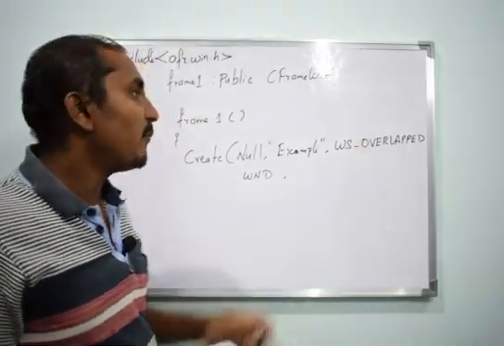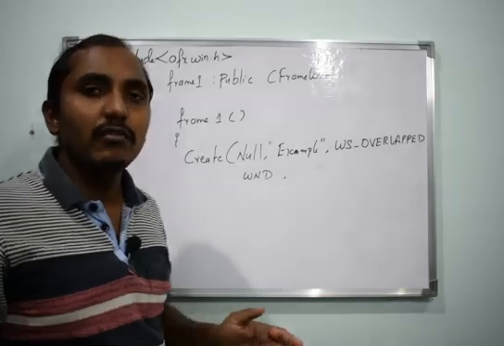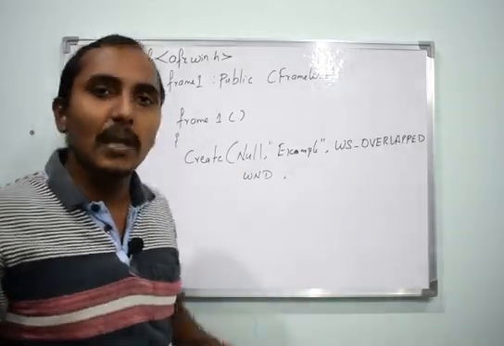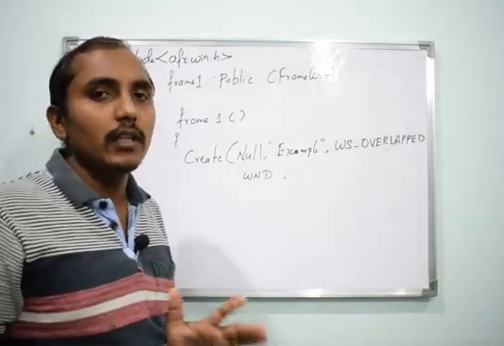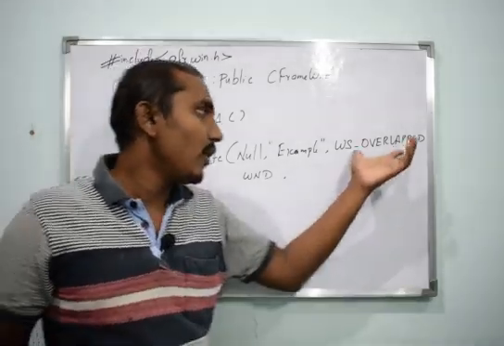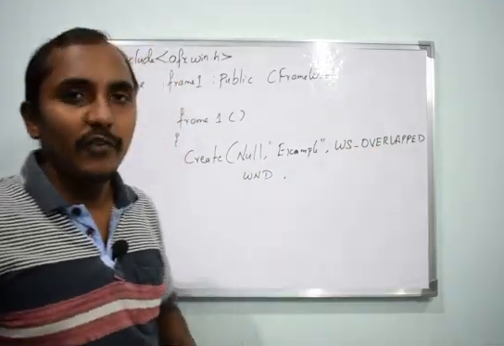What is the meaning of overlap window? When you are creating an MDI application, where you have multiple documents in a single application, two or more files can be overlapped on one another. That type of frame we are creating, that is why we will make it an overlap window.